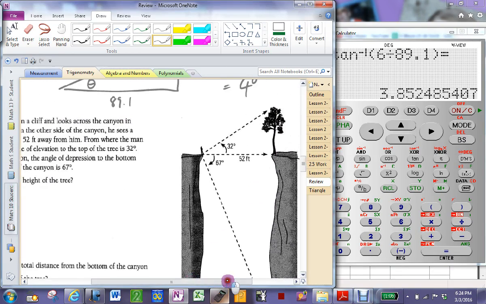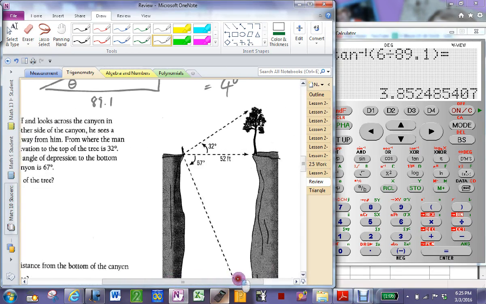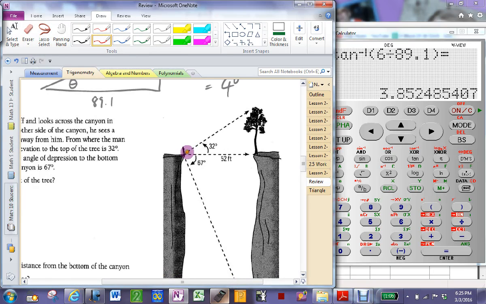Now we come down to here. What is the height of the tree? So I need this triangle. So I have a theta of 32, an adjacent of 52, and an opposite of x, because I don't know the height of the tree. That's tan 32 equals x over 52.